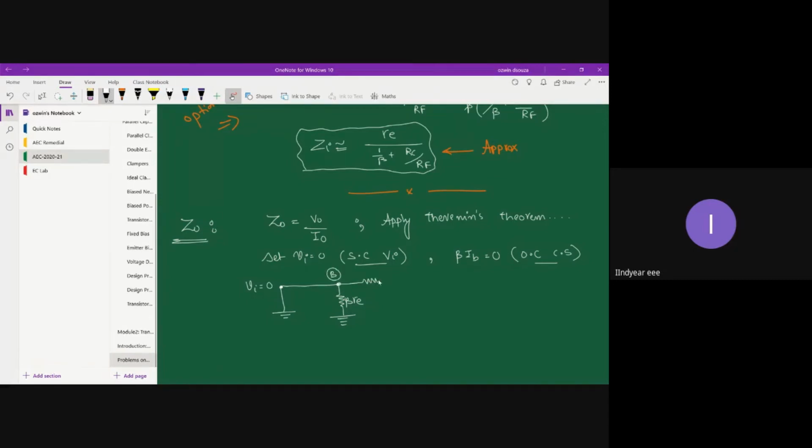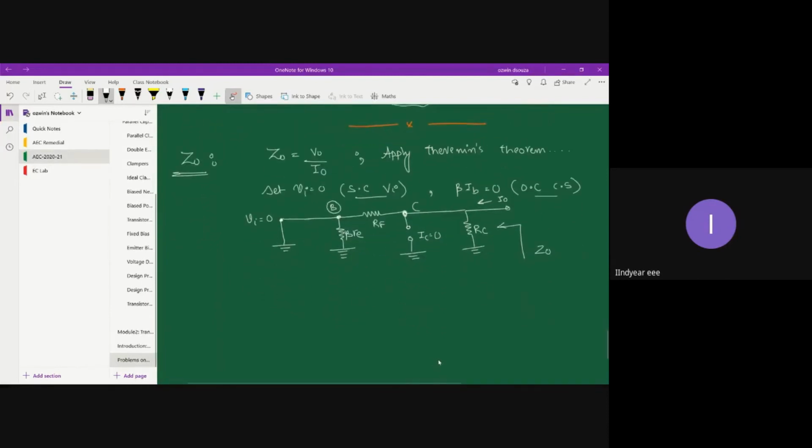Then you have your feedback resistor RF, and here is your collector terminal, and collector to ground. You have a controlled source, but that controlled source is reduced to 0. Then you have the collector resistor RC, and that's your output impedance Z0. So this is your I0 and this is your Z0.